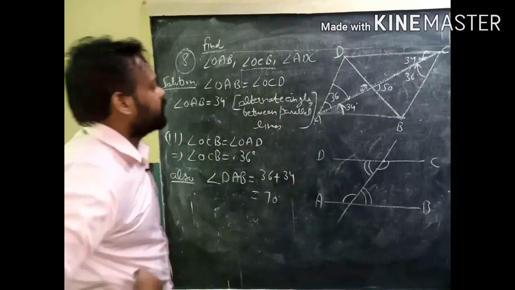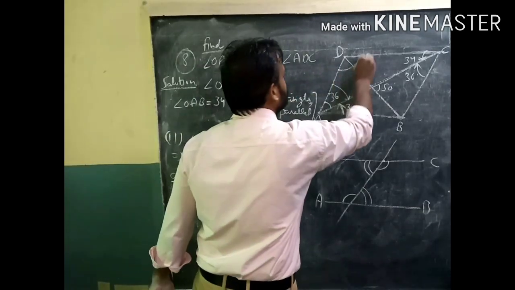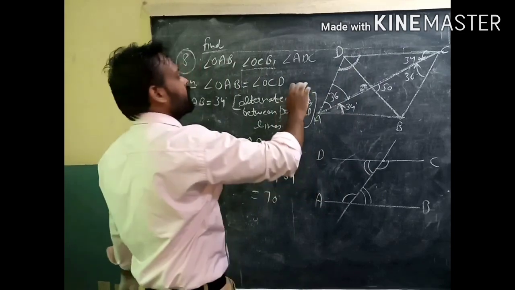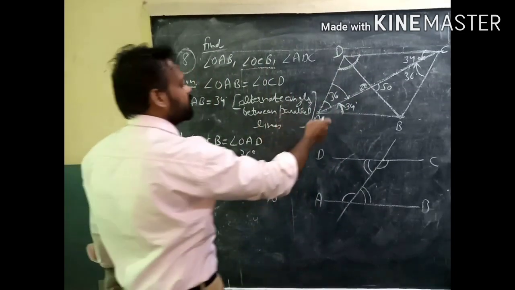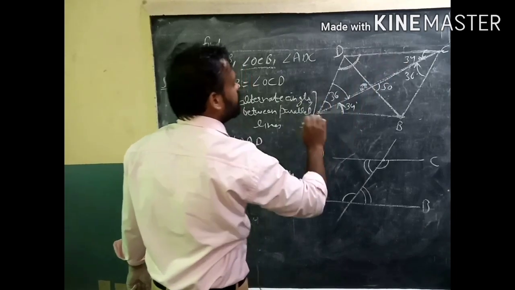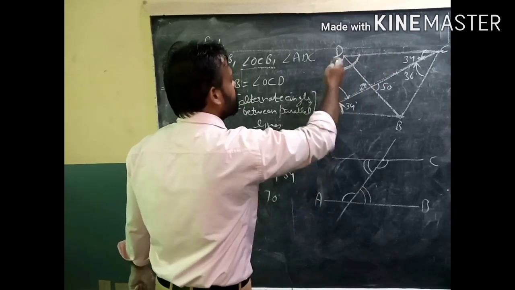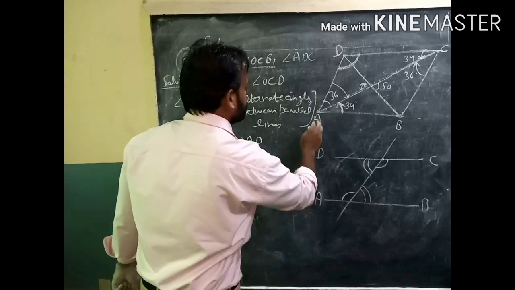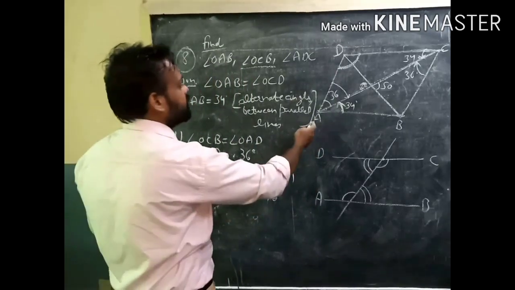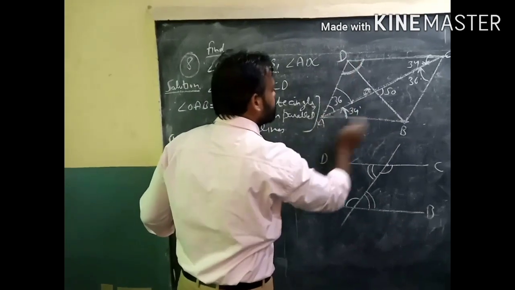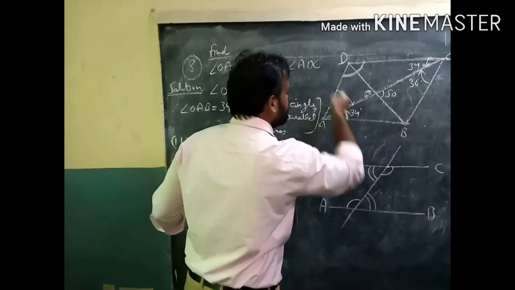So now we have to find out the value of this angle also, this whole angle. How can we find out this one, angle ADC? First of all we can take any one angle, we can take angle A and angle C, because after that we will use the property of adjacent angles. So first of all we have to find out this angle A. How can we find out this angle A? We can also write this angle DAB, because this angle is DAB.